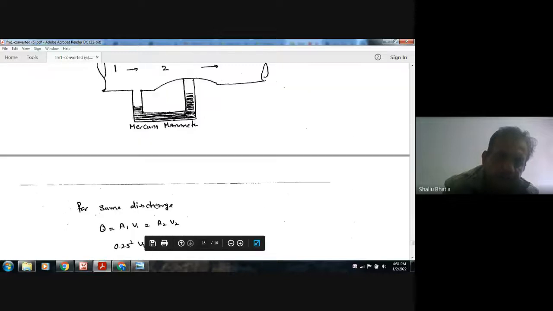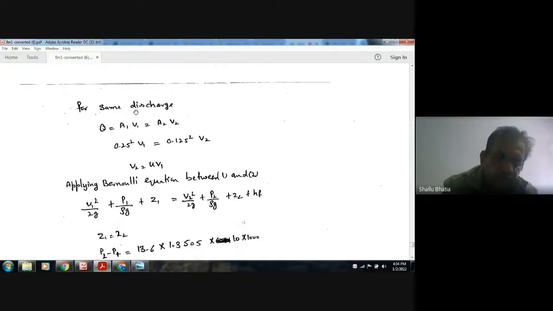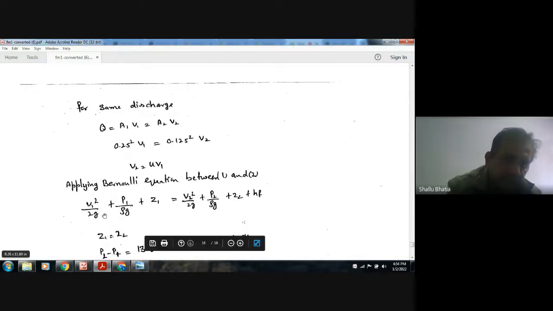Now applying the Bernoulli equation at 1 and at 2. At 1 we will have V1 squared by 2g plus P1 by rho g plus Z1. And at 2 we have V2 squared by 2g plus P2 by rho g plus Z2, and hf is the head loss between 1 and 2. Z1 is equal to Z2 because the venturimeter is horizontal.